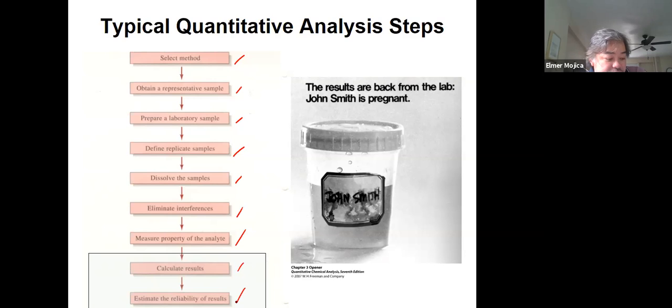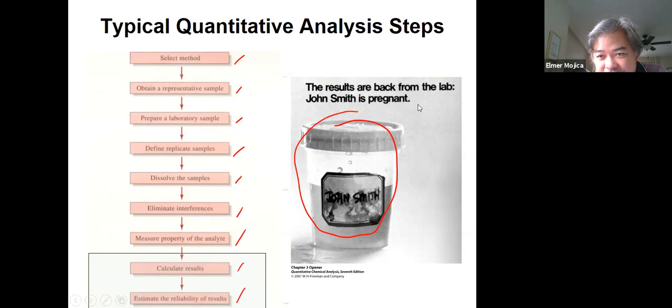Okay? Now, some errors are what we call small, but some errors are just, we could say, obviously wrong, like this one. The results are back from the lab. John Smith is pregnant.